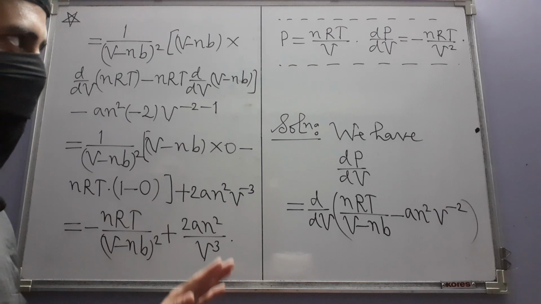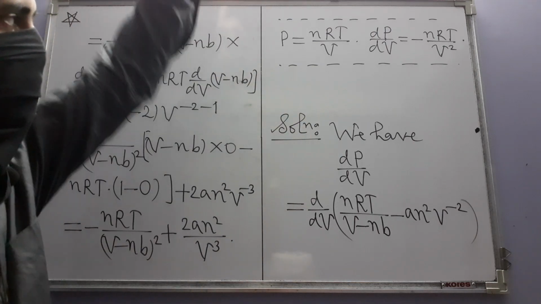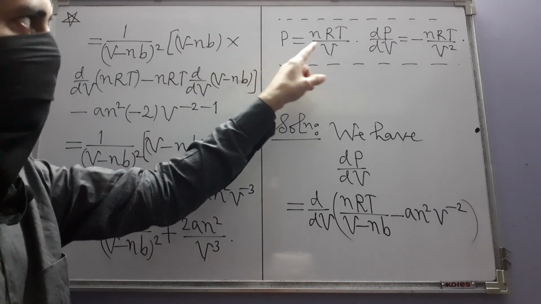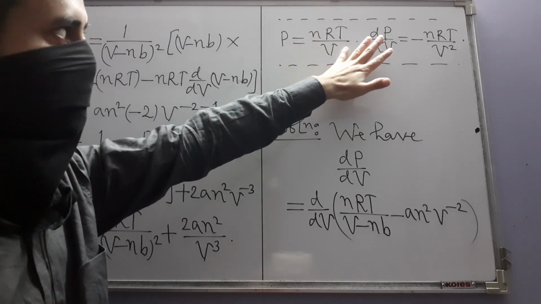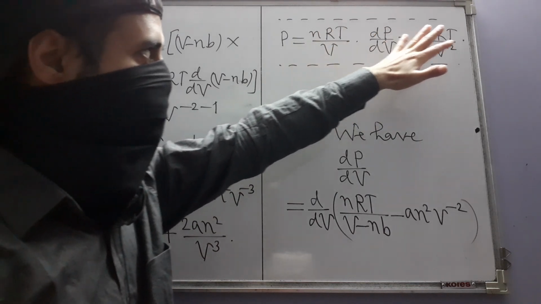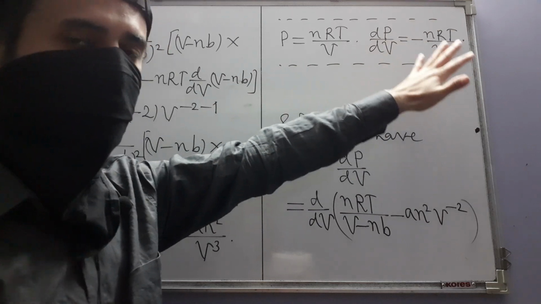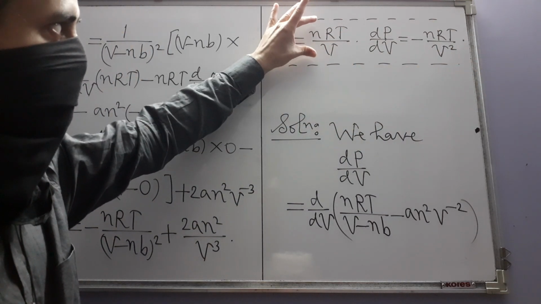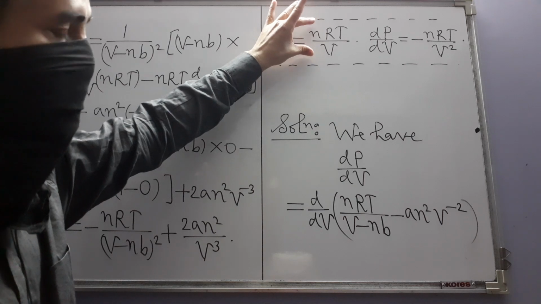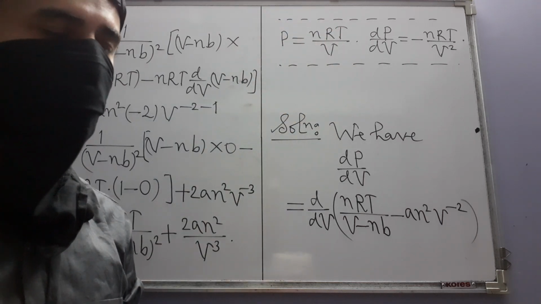And one more thing is that, let's just consider the simple case here. You have the ideal gas equation and you find the rate of change of pressure with respect to volume. In experiments, this is not found first.